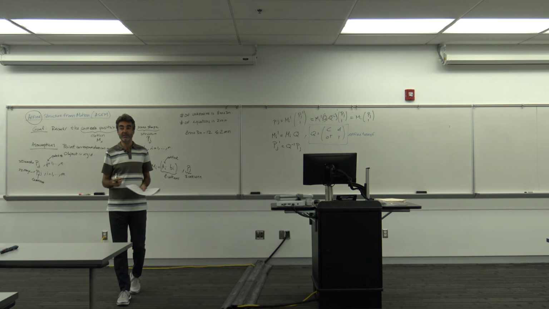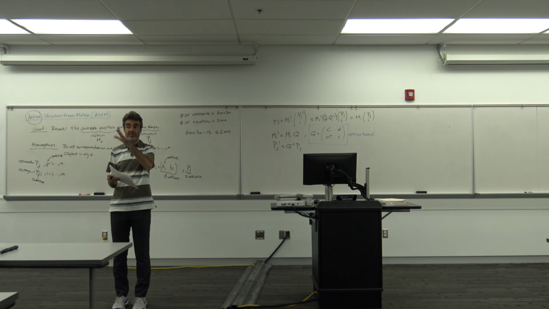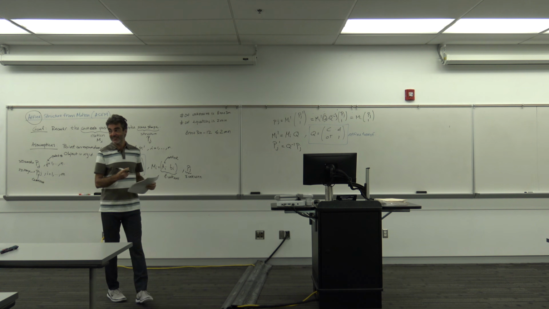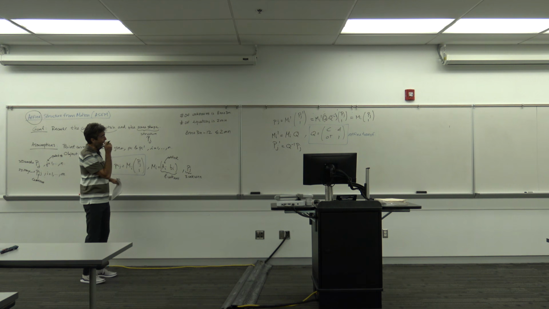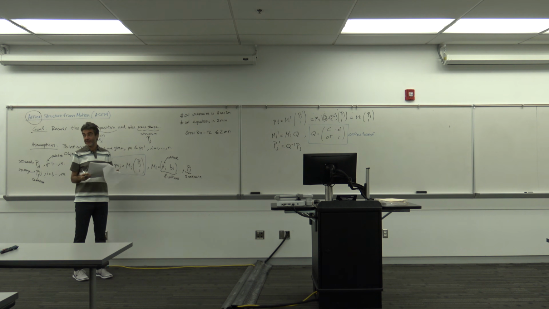Otherwise, I'll have an infinite number of solutions. Now, if it's equal, there's only one solution. If it's smaller, then there are no solutions, but I can use a technique that you, by now, may be familiar with, called linear least squares, to recover this, right? Okay. So let's see. Is that possible? Does this ever hold?